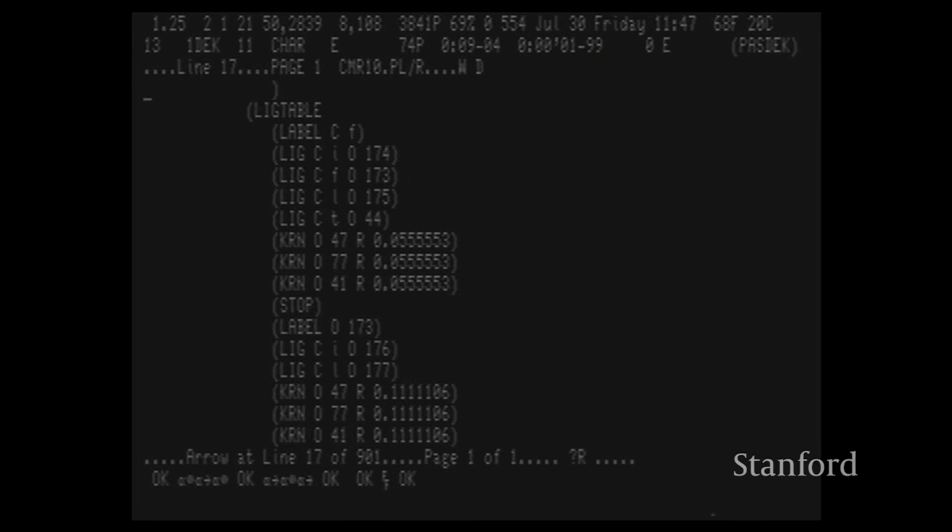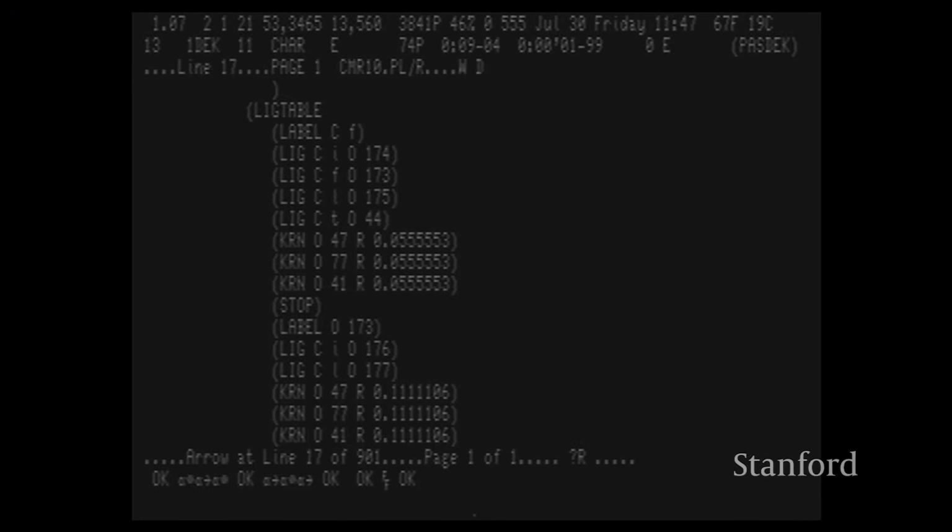If you have an F followed by an octal 47, whatever that is, must be, no, 41 is exclamation point. Oh well, it's an apostrophe. And 77 is a question mark. Then you kern by 0.055 ems, and what is that? 1/18th. So that's 1 unit of extra space comes out between the F and those characters. Then stop. So that stop means that really the stop bit on the previous kerning line was set.